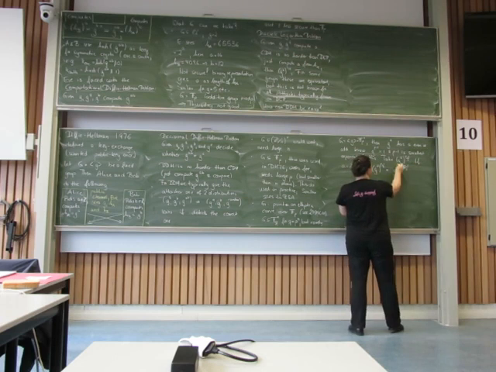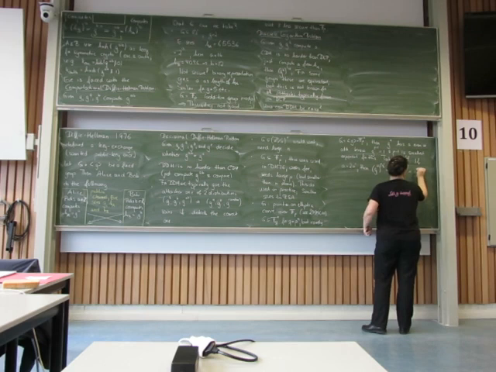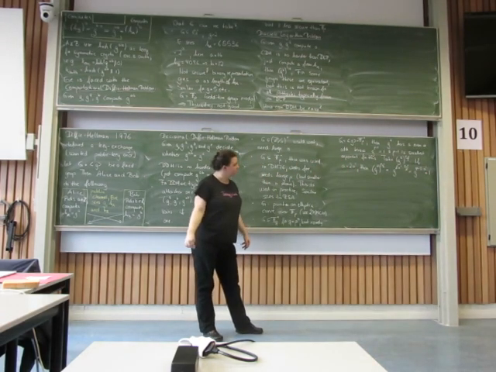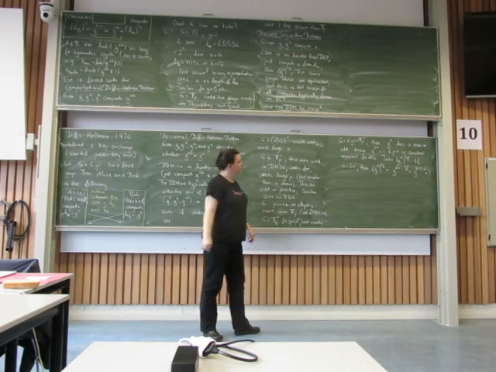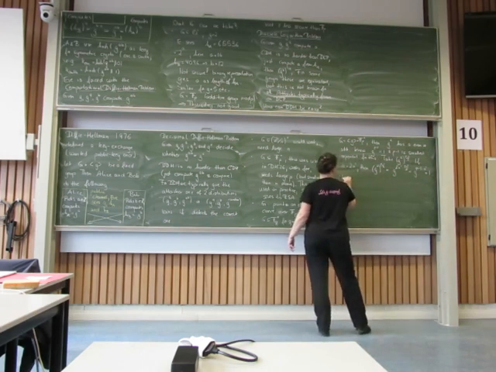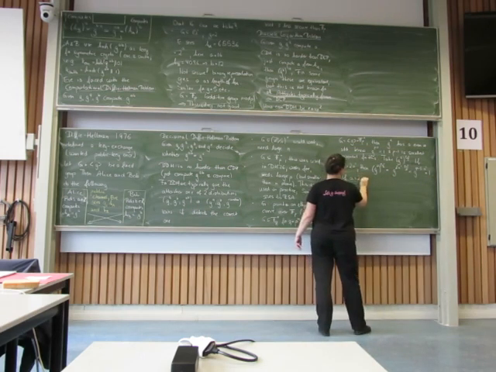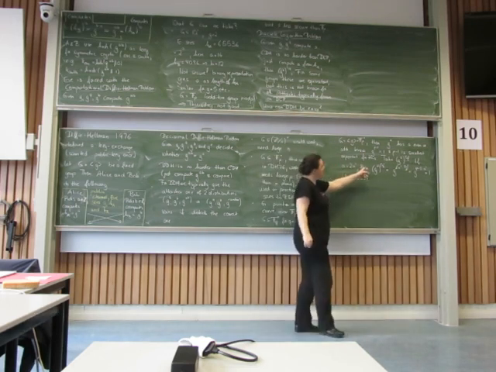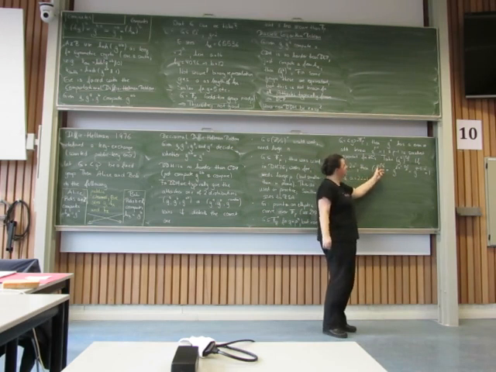I said the 2's cancel, and so we're getting g to the (p minus 1) times a', which is 1. Now if a is odd, that means it's 2a' plus 1. We have the same thing for the first part, but then we have another plus (p minus 1) over 2.